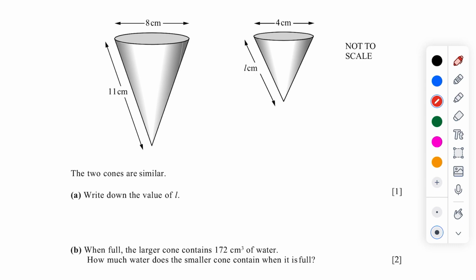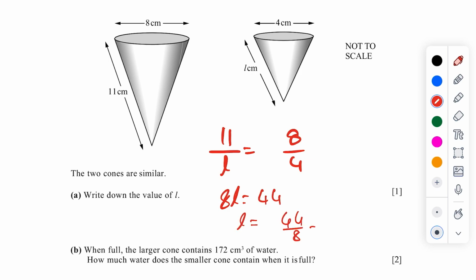What is the slant height? 11. And what is the slant height of the other one? L. So 11 by L equals 8 upon 4. So 8L equals 44. L equals 44 divided by 8, which gives me 5.5.